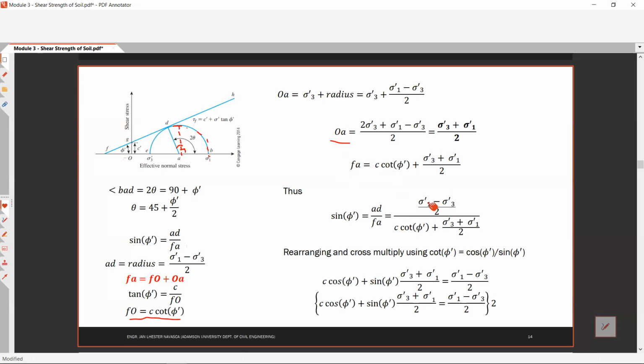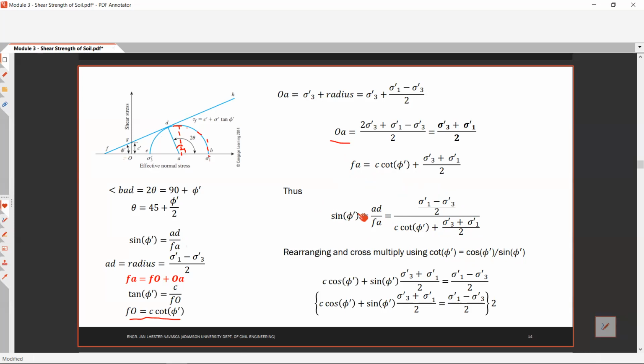So that is sigma prime 1 minus sigma prime 3 over 2 divided by c cotangent phi prime plus sigma prime 3 plus sigma prime 1 over 2. Okay, rearranging this equation, cross multiplying and using cotangent phi prime equal to cosine phi prime over sine phi prime.